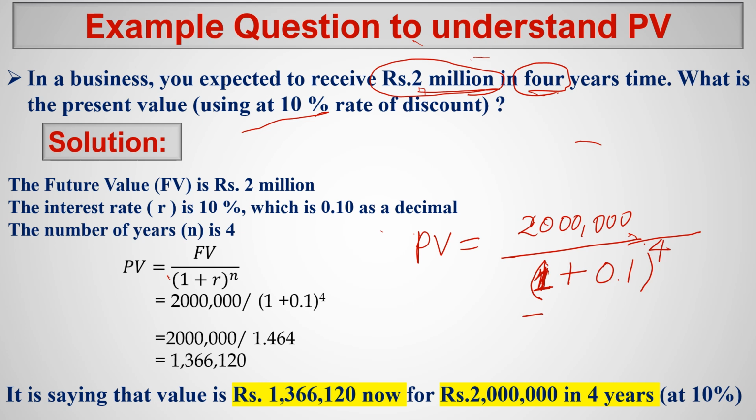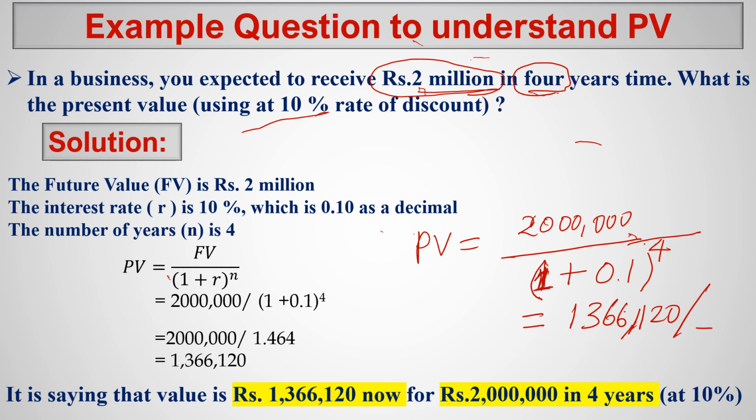That is the n in the equation we studied. So this value becomes 1,366,000.